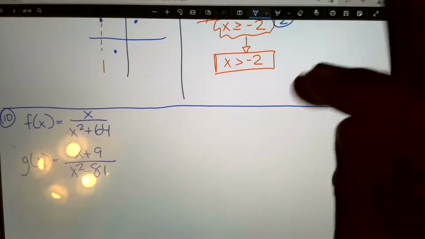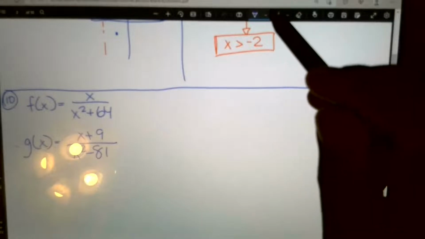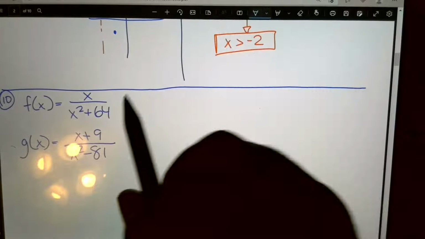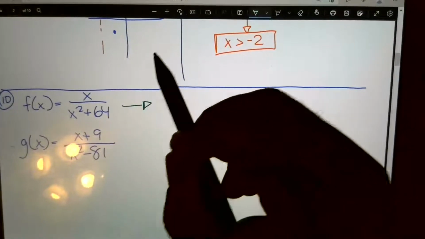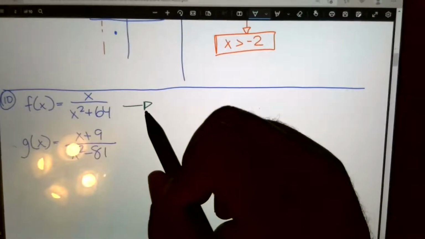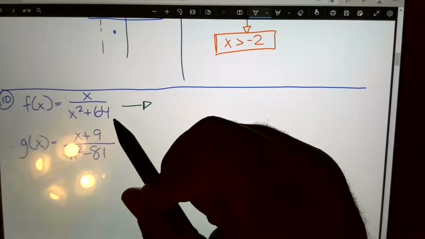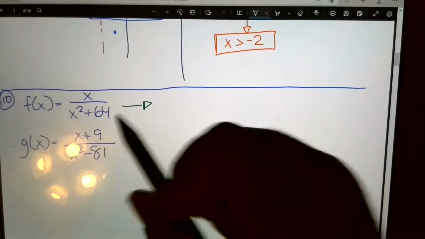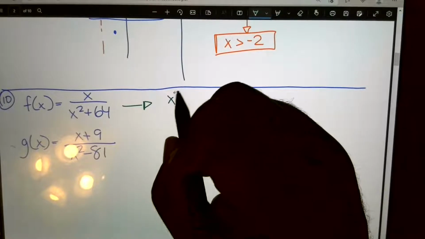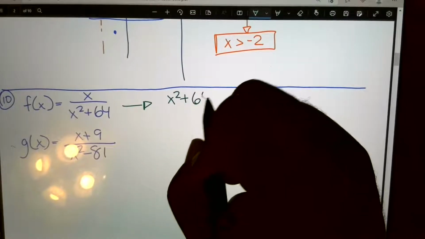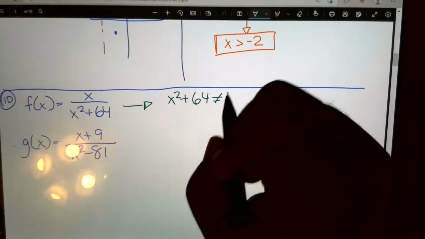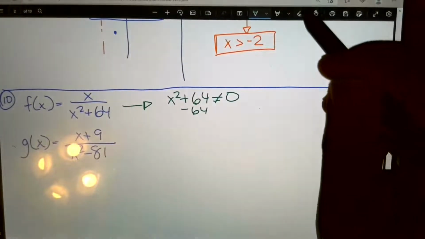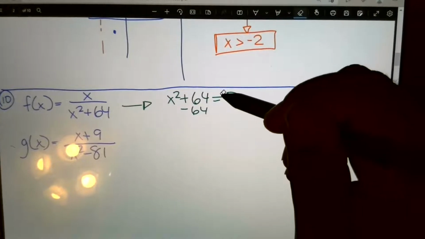So, per usual, I will do it in different colors. So for this one, the domain, we know that the bottom cannot equal 0. So x squared plus 64 is not equal to 0. Actually, for our intents and purposes, I'm not trying to get too theoretical on us.